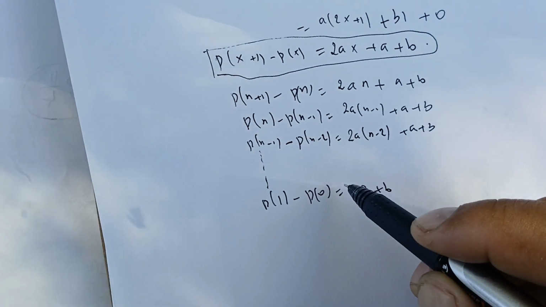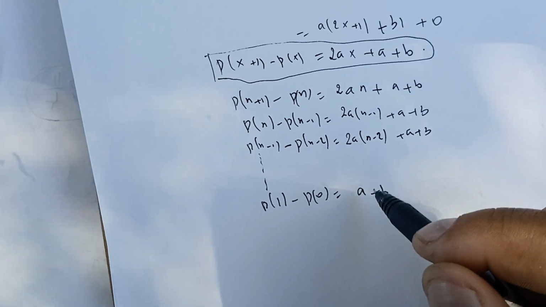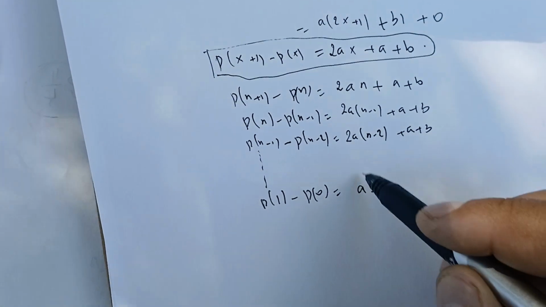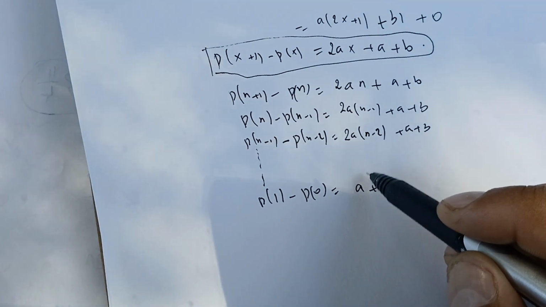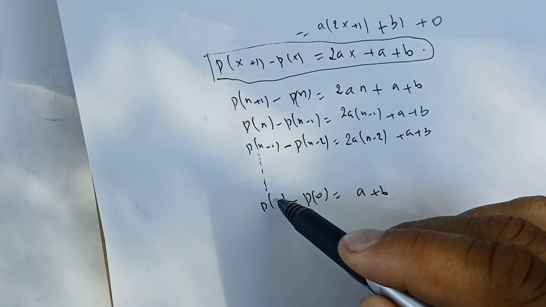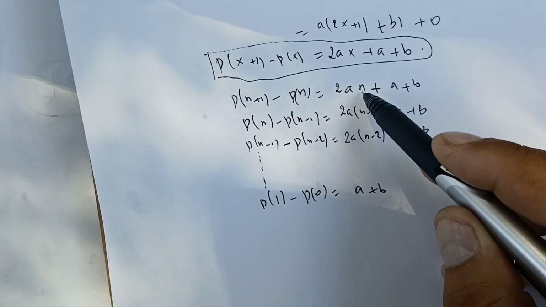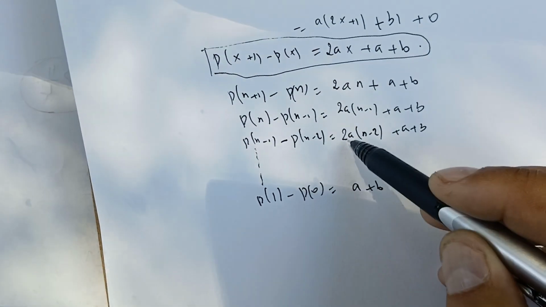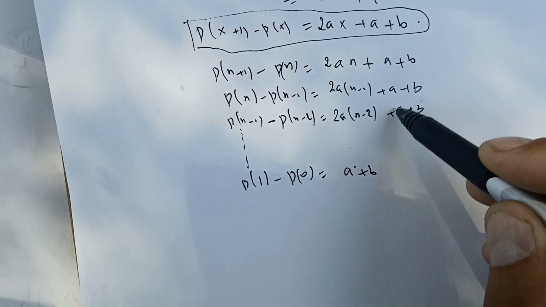Because in our case here, x is gonna be 0, and 0 multiplied by a is gonna give us 0, and we are left with only this one.